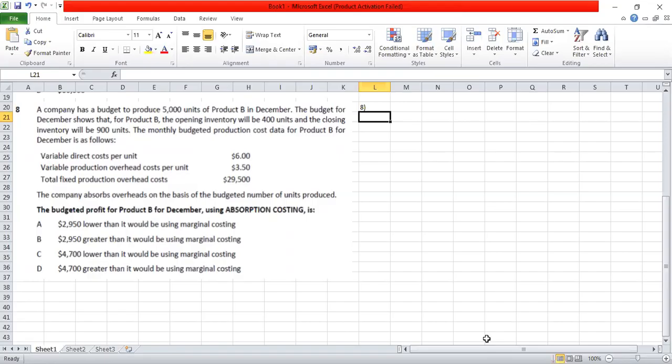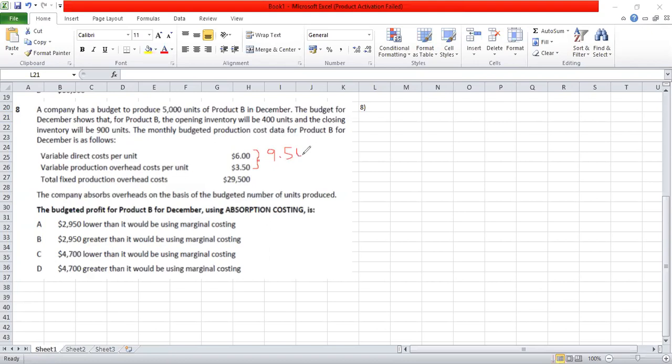The only cost details given are the variable cost, that is 9.5, and the total fixed production overhead cost, which is 29,500.